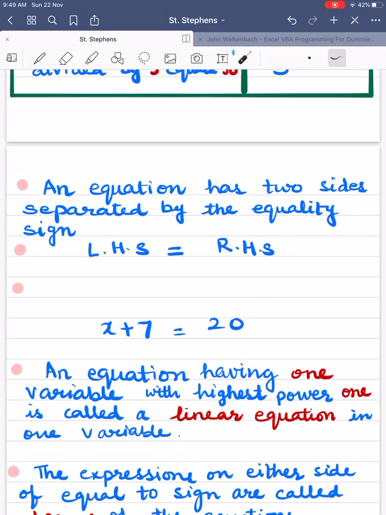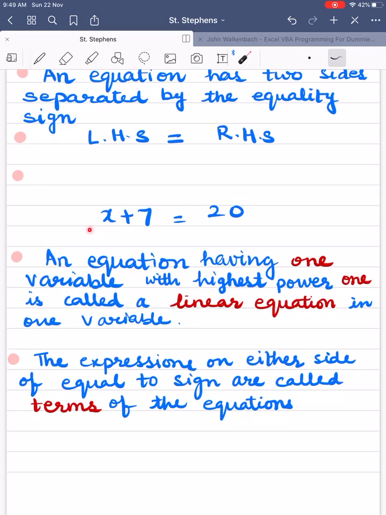An equation having one variable with highest power 1 is called a linear equation. So here x plus 7 is equal to 20 is an example of a linear equation. The expressions on either side of the equal to sign are called terms of the equation. So here x, 7 and 20 are the terms of the equation.